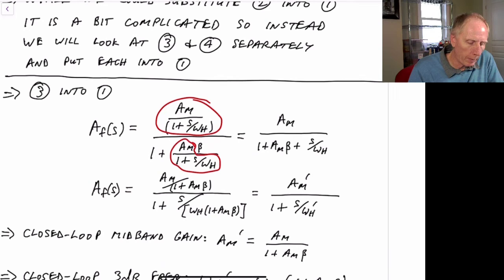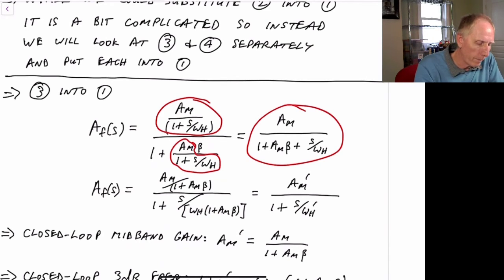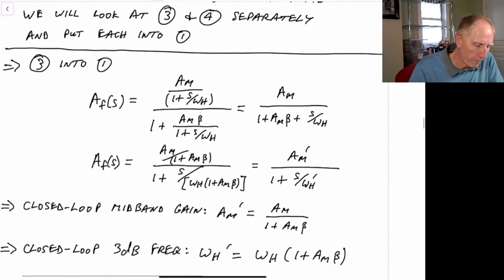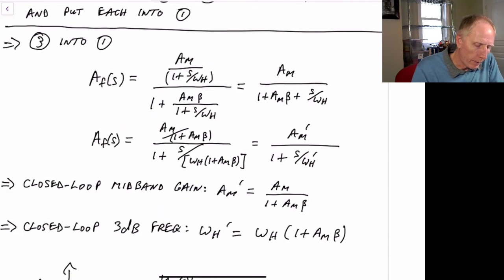If we just do a little bit of manipulation on that, we'll see it's equal to this equation here. Then if we divide the top and the bottom by 1 plus A sub m beta, we end up with this equation now here.